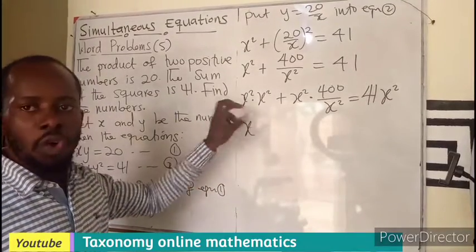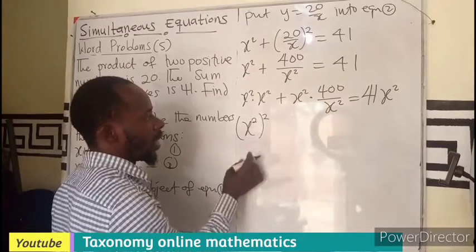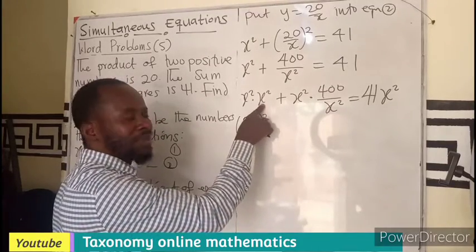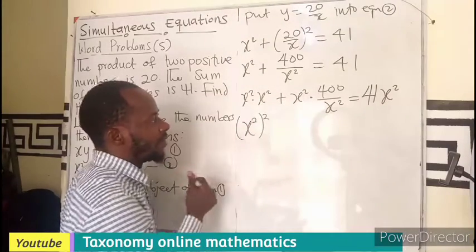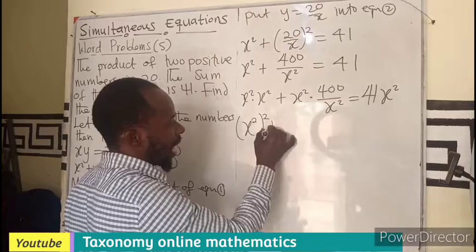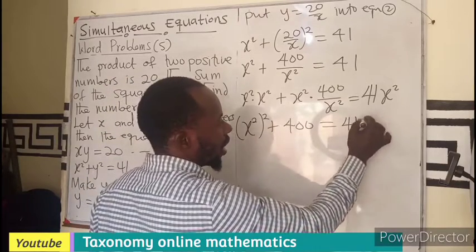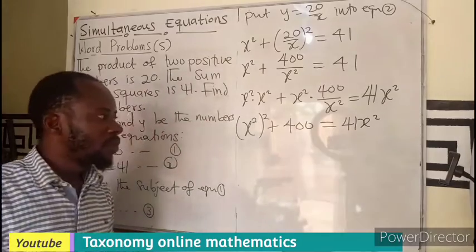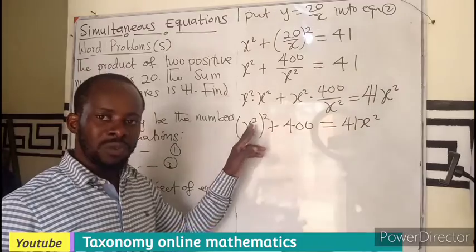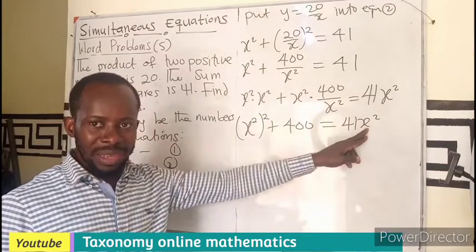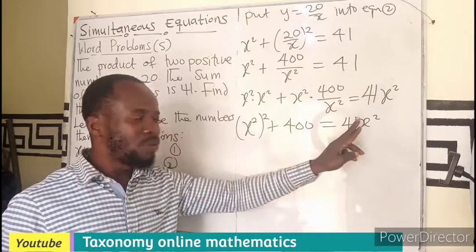Since there are 2 of the x squared, it means x squared squared. If this were x times x, it will become x squared. So we have that. This will cancel this, so plus 400 equals 41x squared. So I believe I can see that this is not x squared and x, but rather x to the power 4 and x squared.